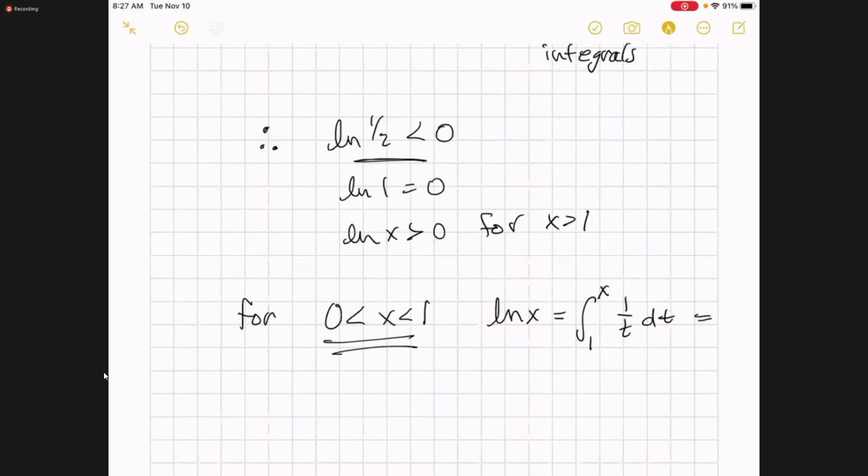And that means in the integral, my lower endpoint is bigger than my upper endpoint. Okay, so this is minus the integral from x to 1 of 1 over t dt. And that integral, the integral from x to 1 of 1 over t dt, represents an area. So this is minus an area.